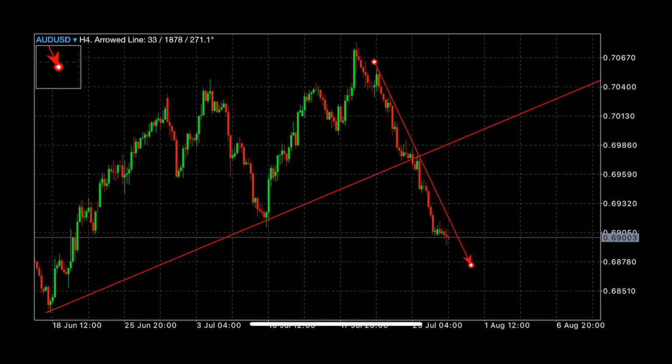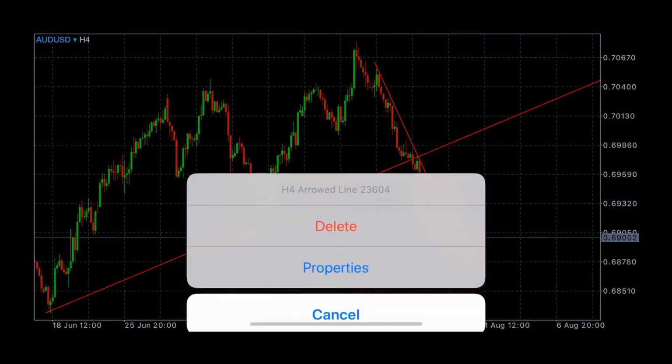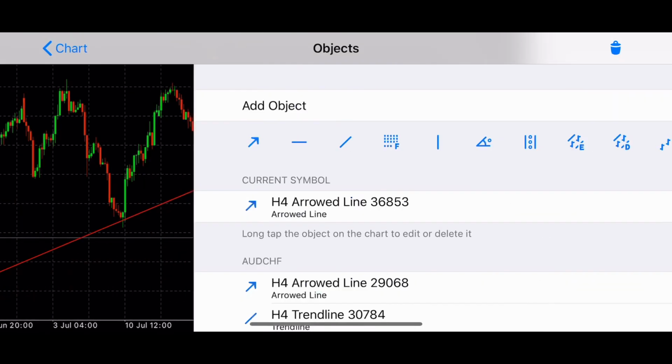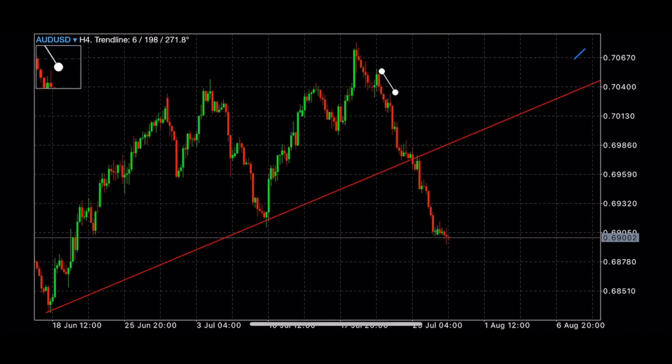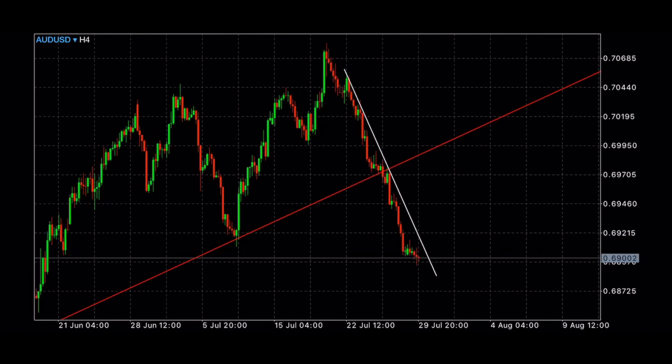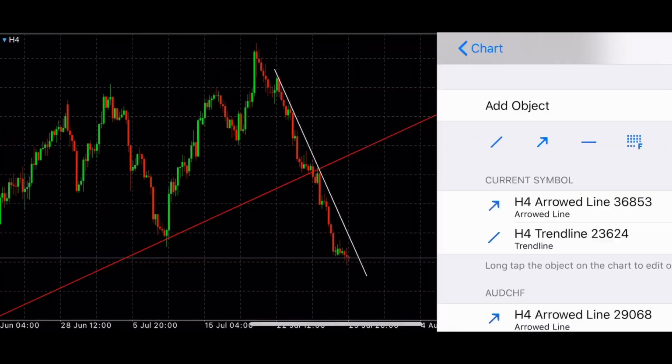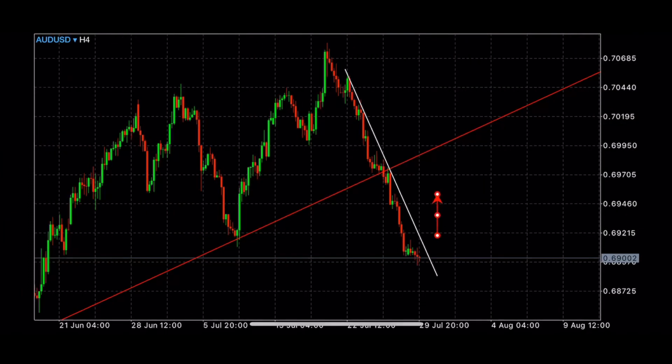I'm just gonna adjust the line like that. This is how the price is moving now. I'm gonna use the white line just so it's not confusing to anybody. So you're gonna draw a line like this, and then we're gonna wait for price to cross this line here like that.